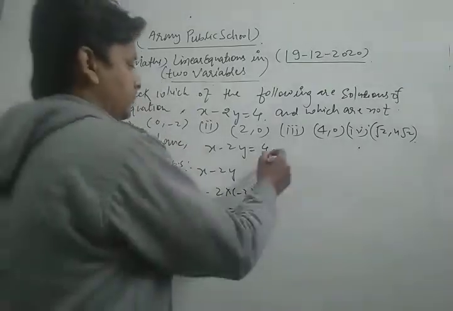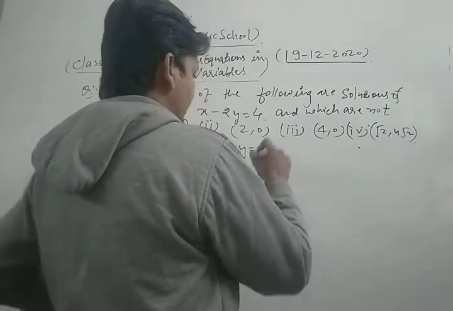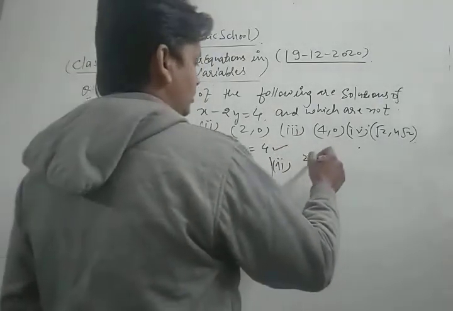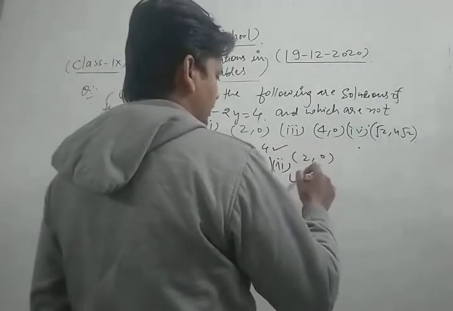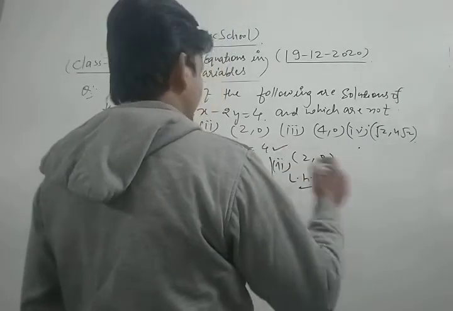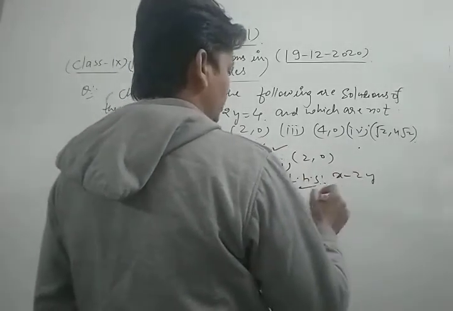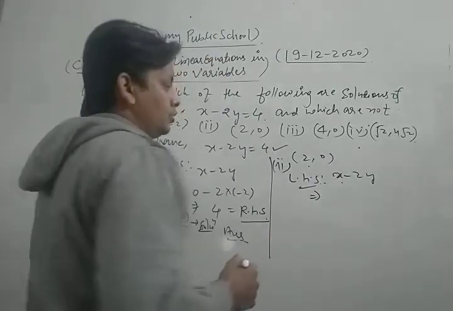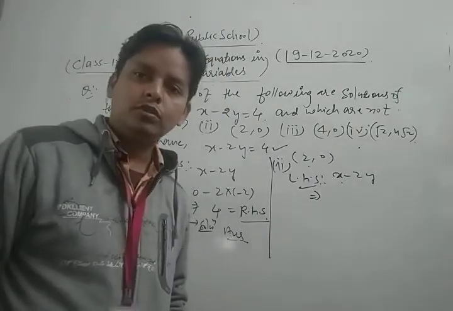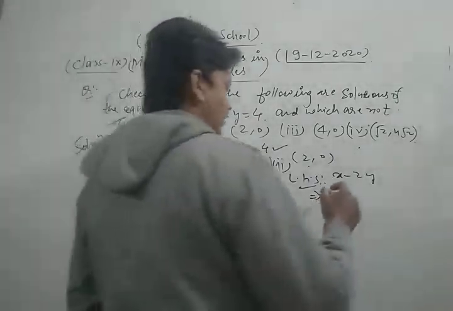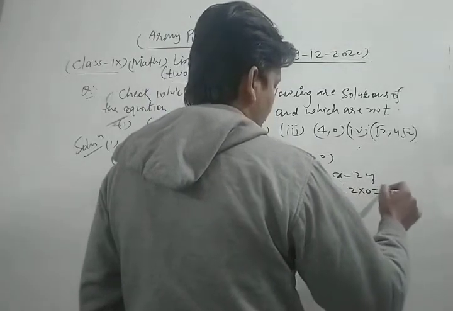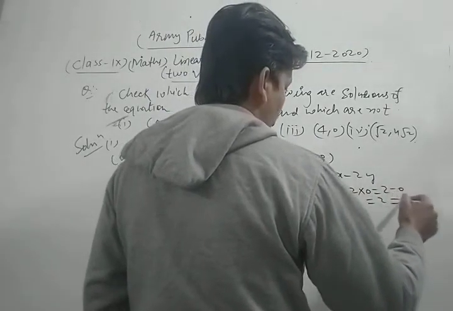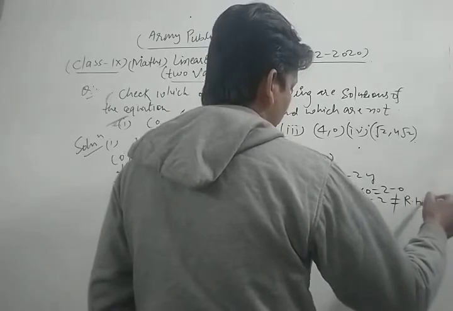Similarly, we check the second part of this question and the given equation is the same. Now we check 2, 0. Okay, now we take the LHS, the left hand side, which is x minus 2y. Now we put x is equal to 2 and y is equal to 0. So what we get? 2 minus 2 into 0, that is 2 minus 0 is equal to 2, which is not equal to RHS.